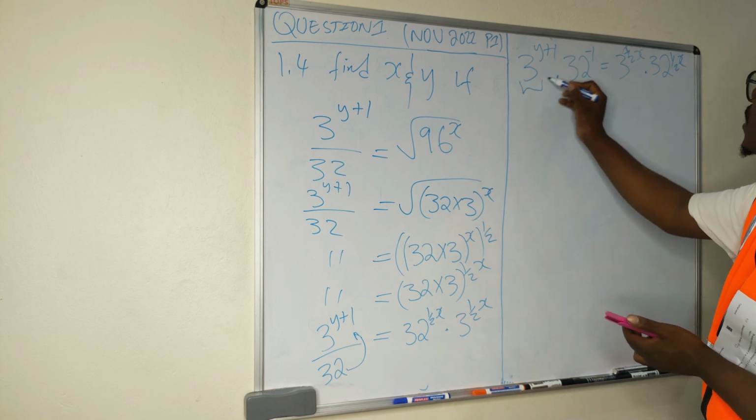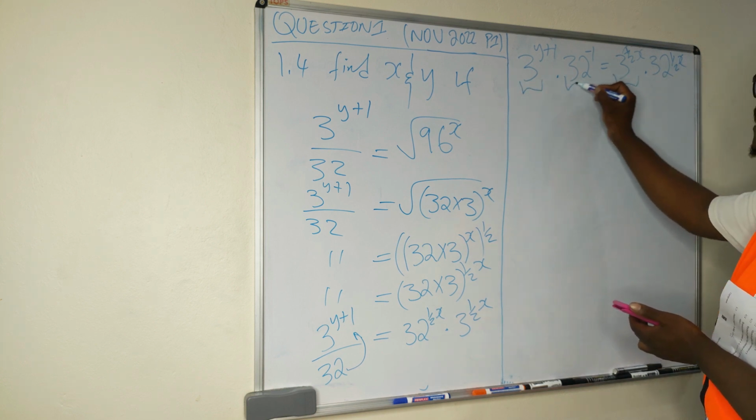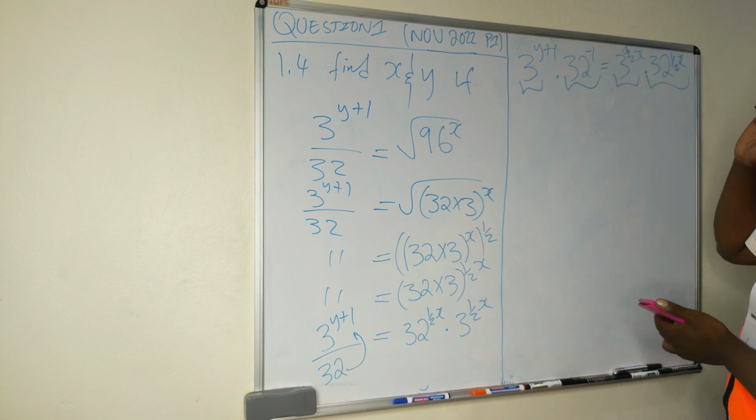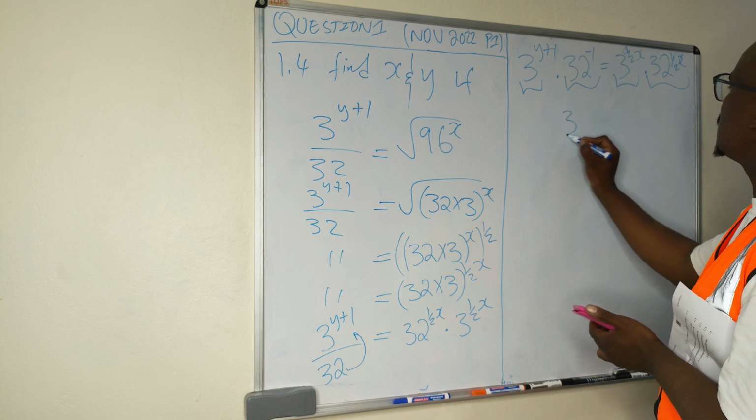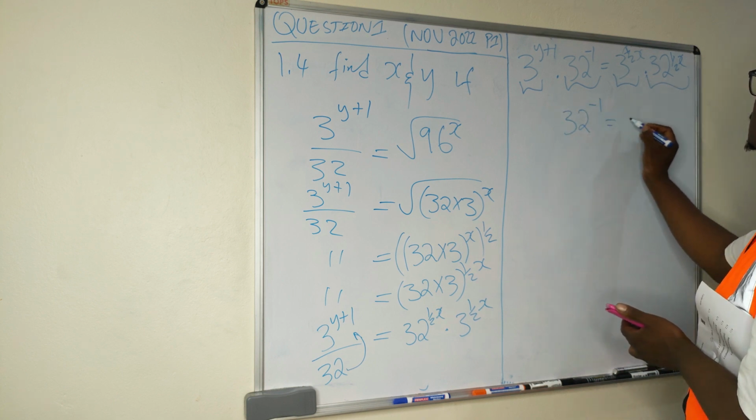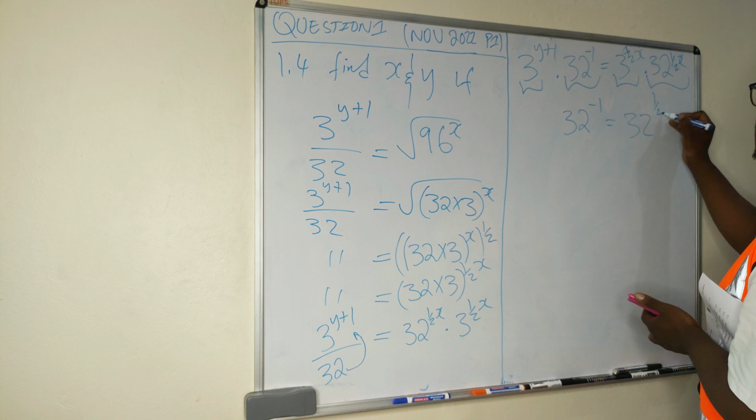So this one here is equal to this, and this guy here is equal to that guy there, right? So we can say 32 raised negative 1 is equal to 32 raised 1 over 2x.